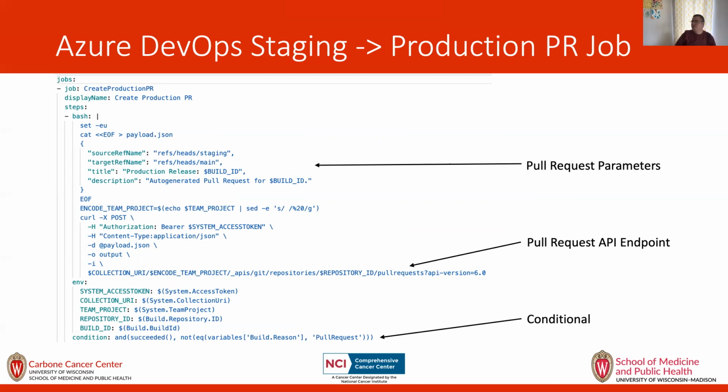And in this case, we're adding the build ID to the title. And then we run a curl command that hits the repository's endpoint to create a pull request. And again, we've added a conditional here to only run this on merge and not during a pull request.